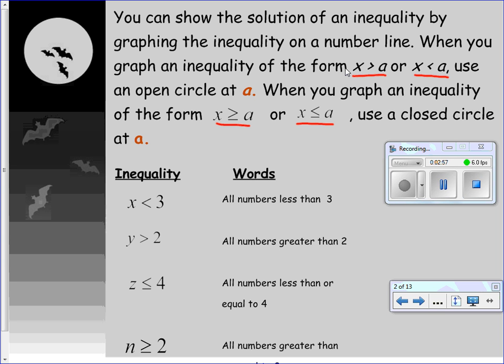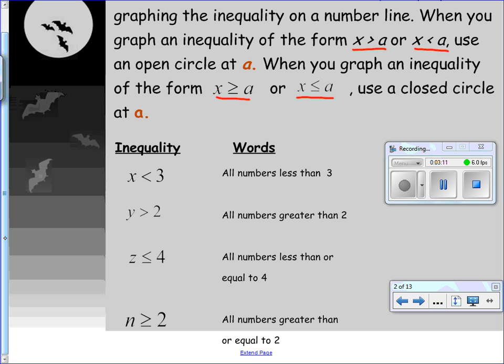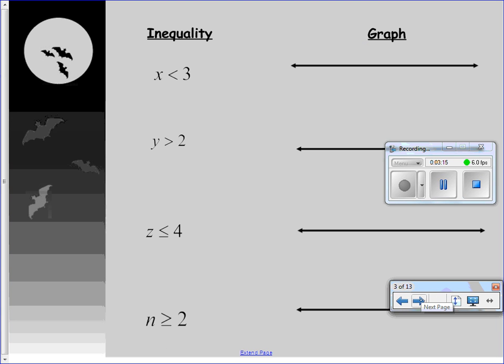All numbers less than or equal to 4 will be the solution for the inequality. And the last one is n is greater than or equal to 2. All numbers greater than or equal to 2 will make the inequality true. So let's move to the next screen and talk about how to graph an inequality.